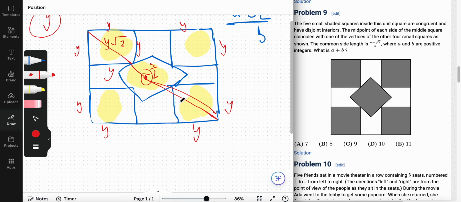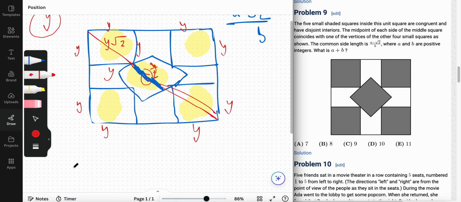So this is s over 2, oh sorry, this should be y. I put s for side length, but it should be y, because we assume the side length of each square is y. So this should be y over 2. I should use blue for better visualization. This is y over 2, so this is also y over 2, because this whole thing is y.